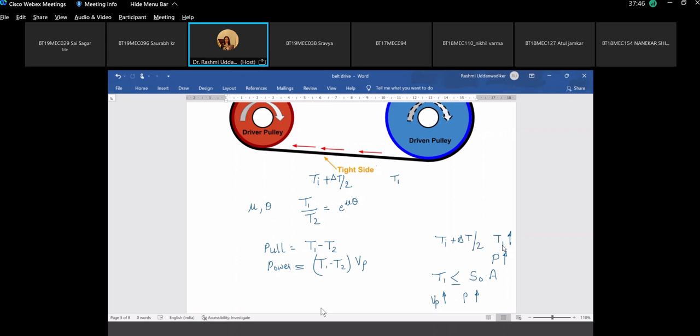So actually, this material S0 into A, which is limiting its pull, will be the sum of the maximum belt tension plus the centrifugal tension which this belt is experiencing, plus there is one more tension in the belt. Can you tell me what is this third tension in the belt?